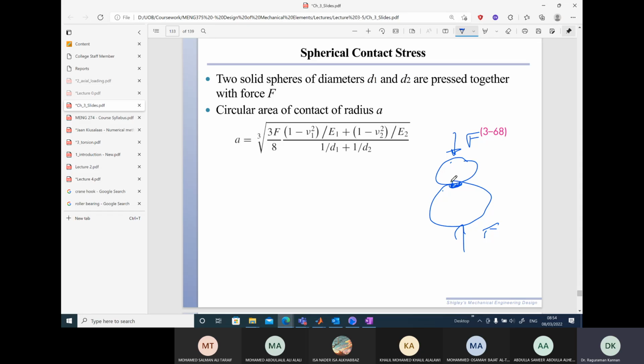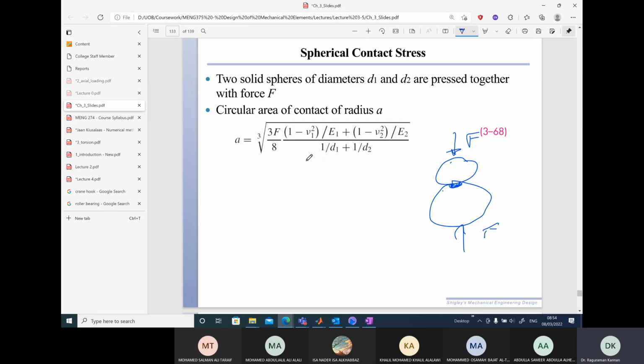This circular area in contact causing this depression, the radius of that depression is given by this formula. Nu1, Nu2 are the Poisson's ratios of the materials of the two spheres, E1 and E2 the Young's moduli of the two spheres. D1 and D2 are the diameters of the two spheres. F is the force you apply, and you can calculate a.